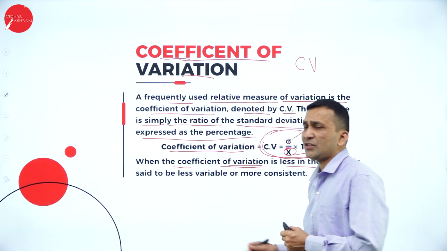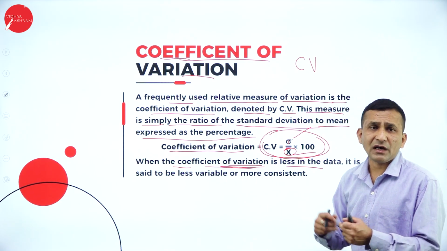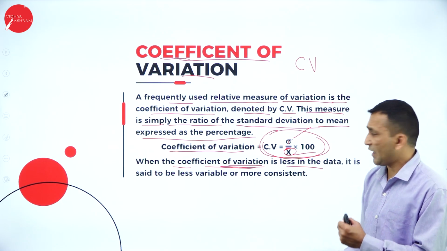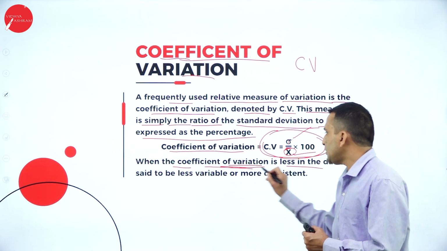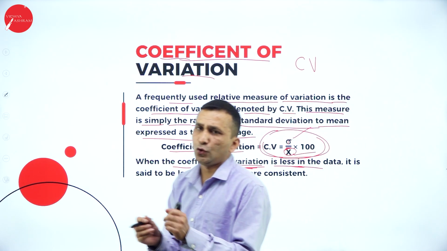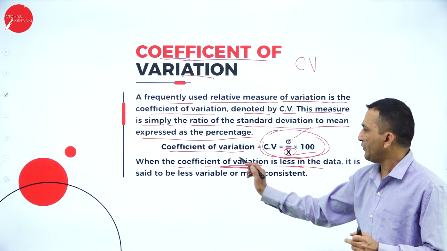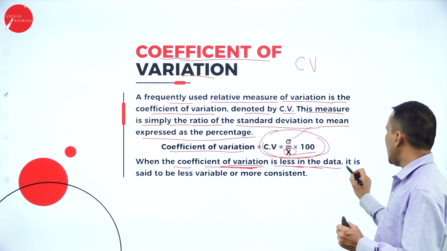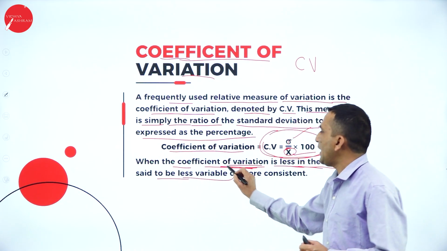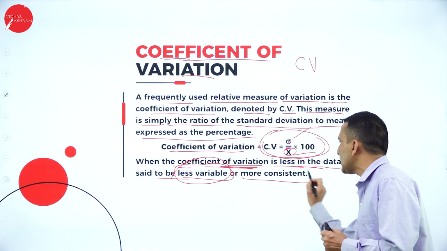In case of the coefficient of variance, why are you calculating it? Because you need to give a conclusion at last, for decision making. After calculating for two sets of data or two teams, those who get the lower coefficient of variance, their data is said to be less variable. You must remember: less variable and more consistent.